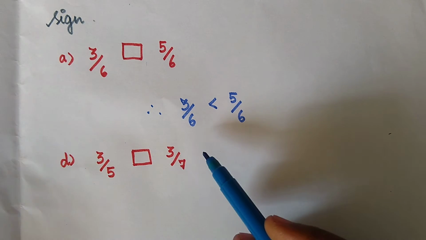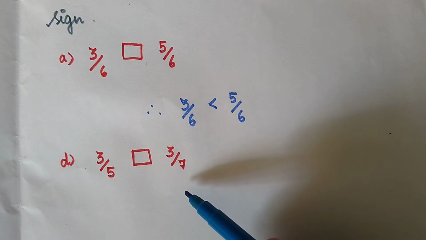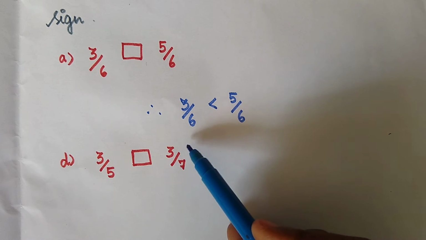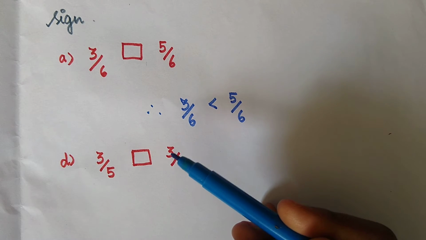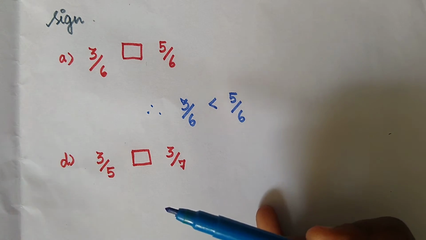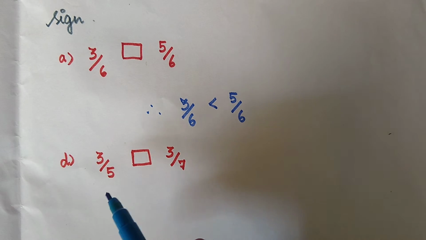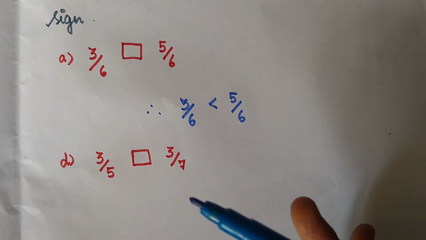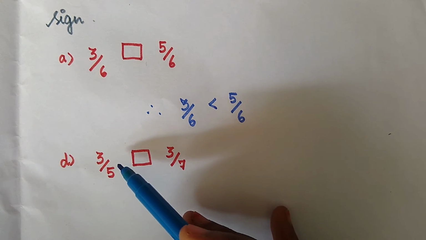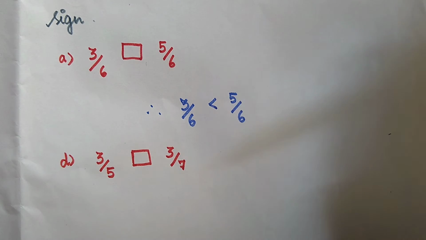So 3 by 5 and 3 by 7 are unlike fractions with the same numerator, 3.